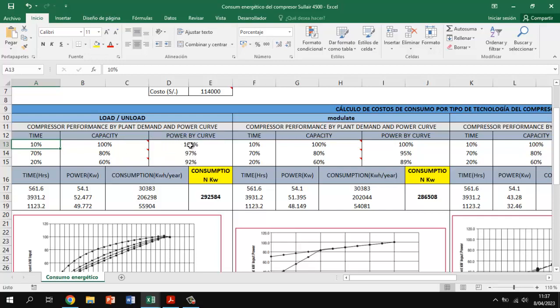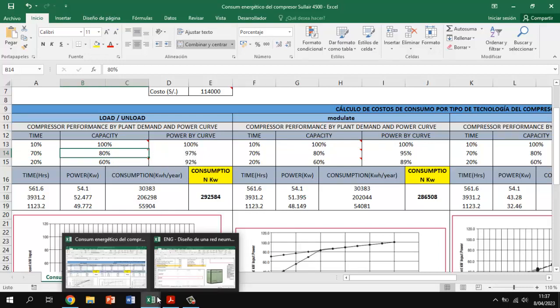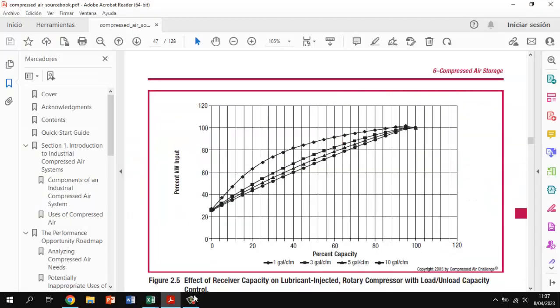What does it mean? That you are using 100% of the power of your compressor. Then for 70 percentage of your time you're using 80% of your compressor capacity. That is something I estimated, and it could be different for your plant or your case. For the 80%, you trace a vertical line.